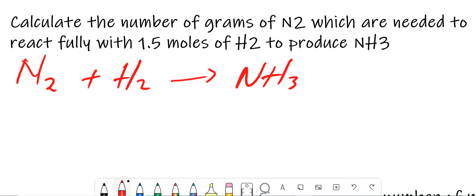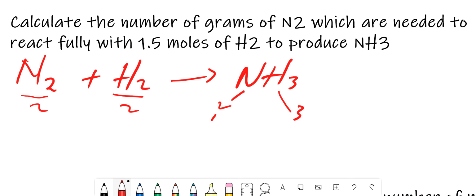Here you have 2 nitrogens, 2 hydrogens. Let me write that down. Here you have 1 nitrogen, and here you have 3 hydrogens. So the nitrogens are not balanced, and also the hydrogens are not balanced.